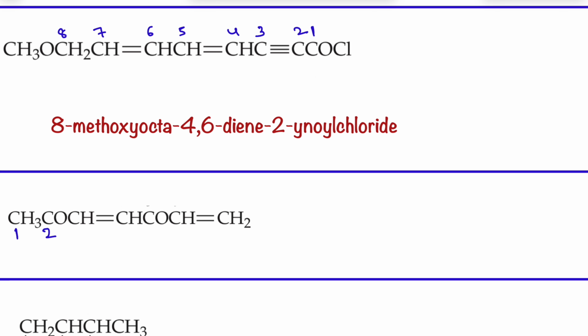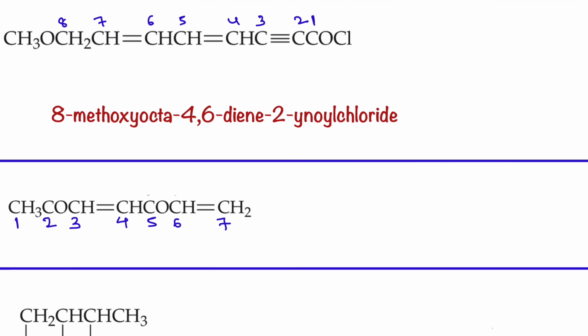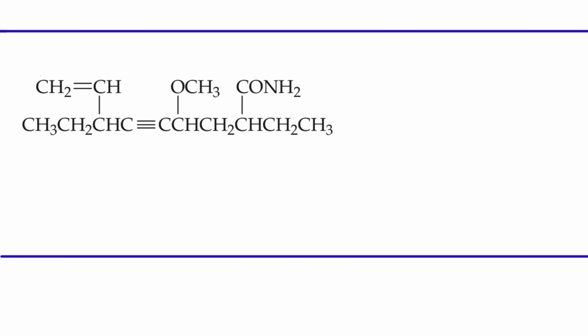This is the first carbon, second carbon, third, fourth, fifth, sixth and seventh. There is no prefix, straight away the root word hept, 7 carbons, hept, 3,6-diene, 2,5-dione. Diene, dione. The root word is hept. There is no prefix. Now let us move on to the next example.